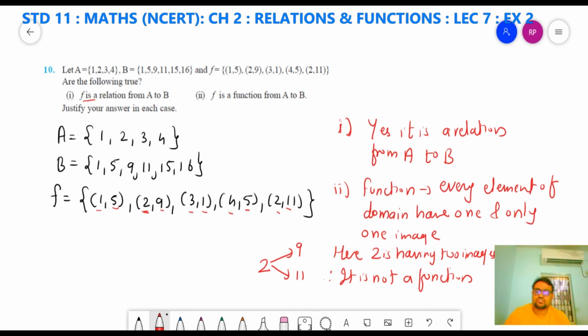Okay, so there is no constraint for relation, but for function there is a constraint that every element must have one and only one image. Then only you can say it as a function. But here you can see that 2 is having two images, hence it is not a function. Clear? So note down question number 10.